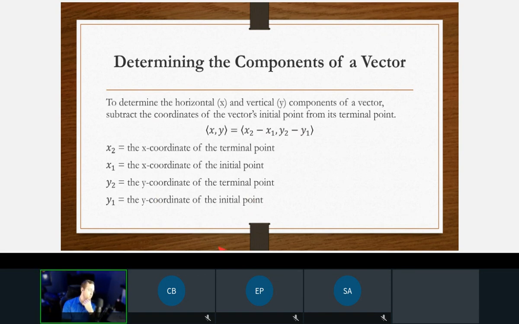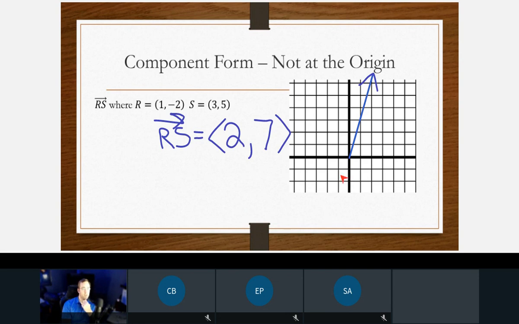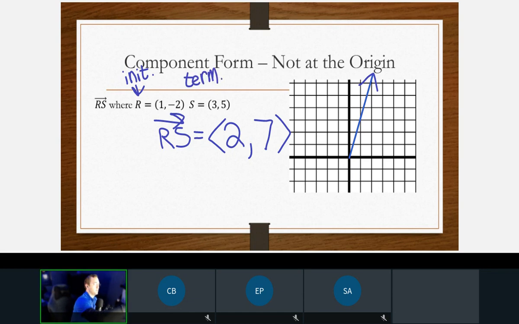So going back to that previous example, R is the initial point, and then S is your terminal point.